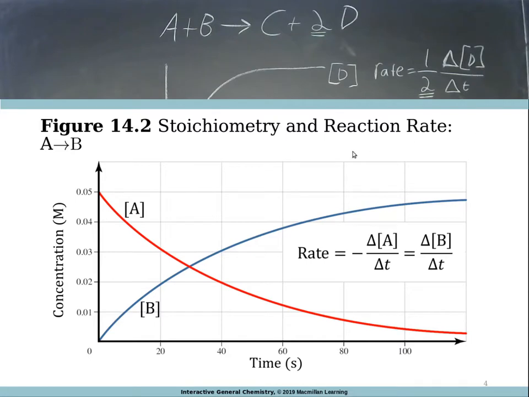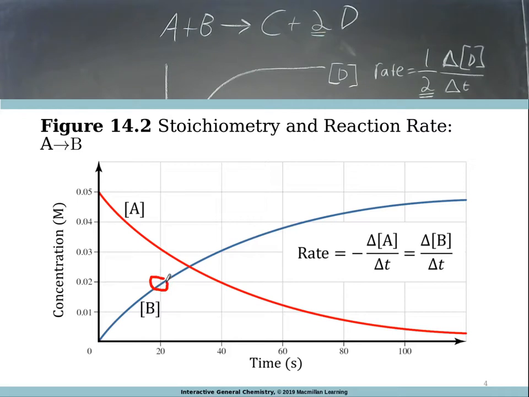Looking at this graph, if I wanted to figure out the rate of this reaction, well, it goes from A to B, so stoichiometric coefficients are 1 to 1. And just to make life a little bit easy for us, let's look at the interval of the first 20 seconds.